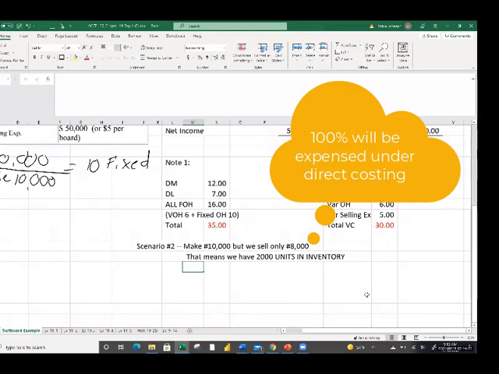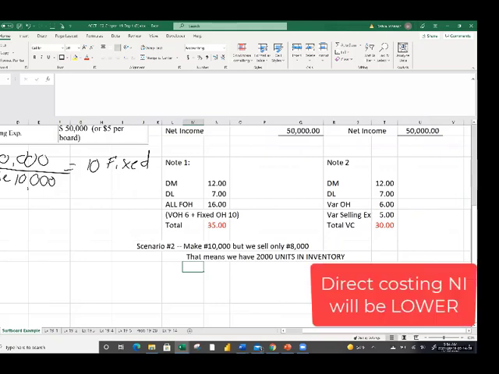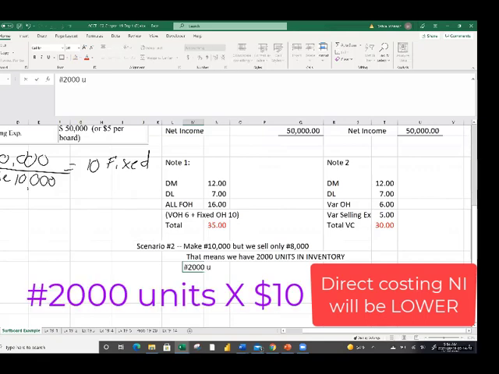So what does that mean? It means that our direct costing net income is going to be lower because it has more expense. How much lower? 2,000 units times the fixed overhead cost of $10 per unit means that there's going to be a difference between the net incomes of $20,000.